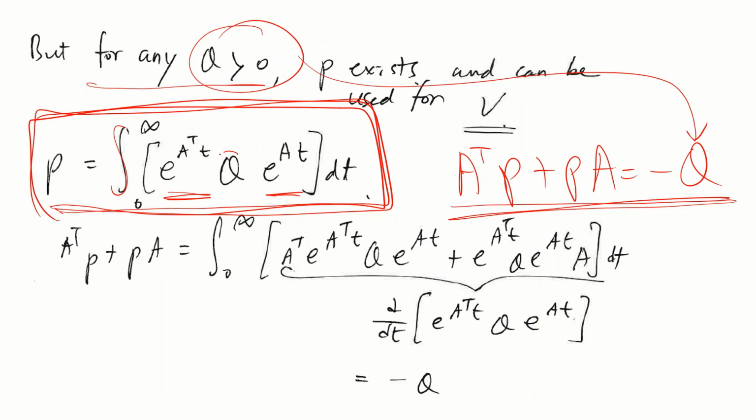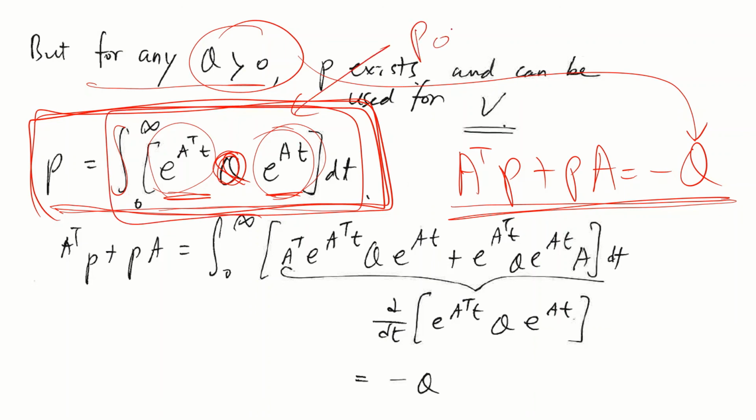Q is positive definite, and now you have the matrix exponential on the right, and also the transpose of the matrix exponential on the left. You can show that this is positive definite.